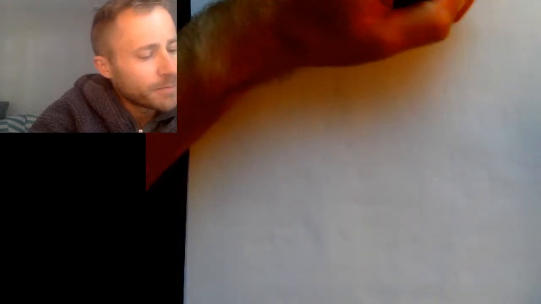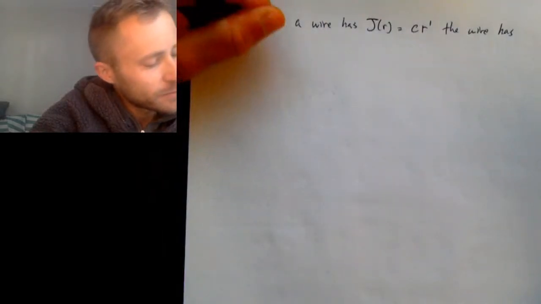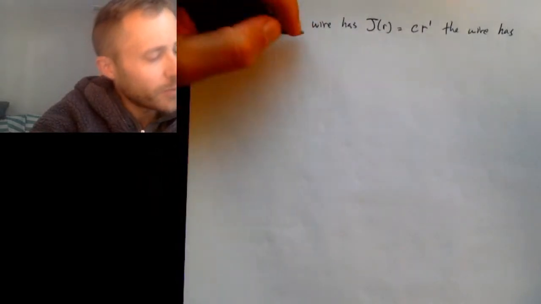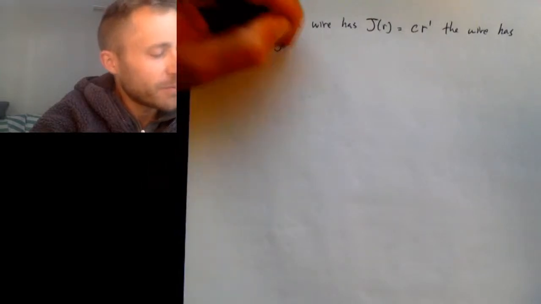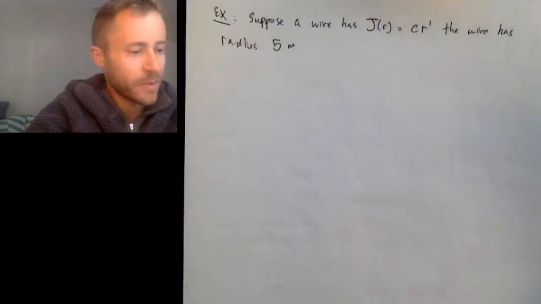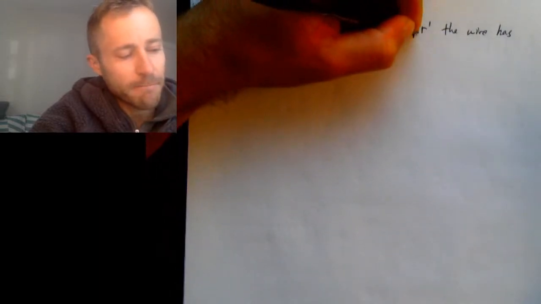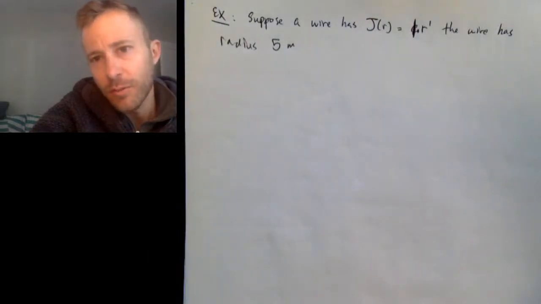The wire has radius, let's say 5 meters. Okay? That's a really thick wire. Let's just say C is 1 for simplicity. Okay? C is 1.